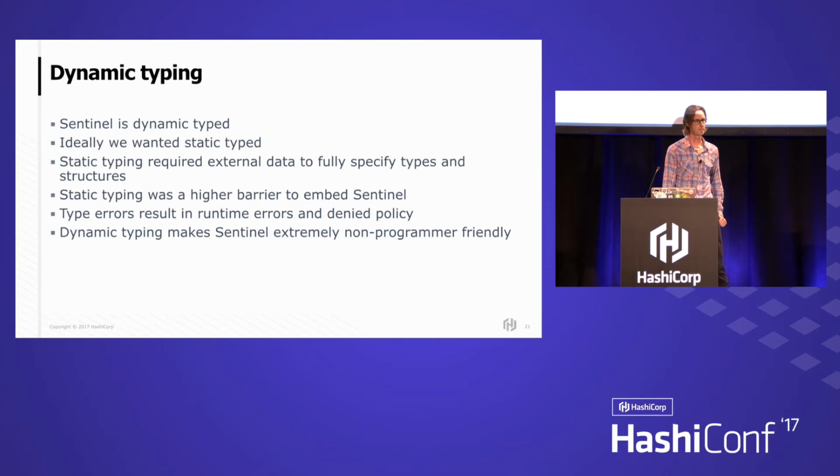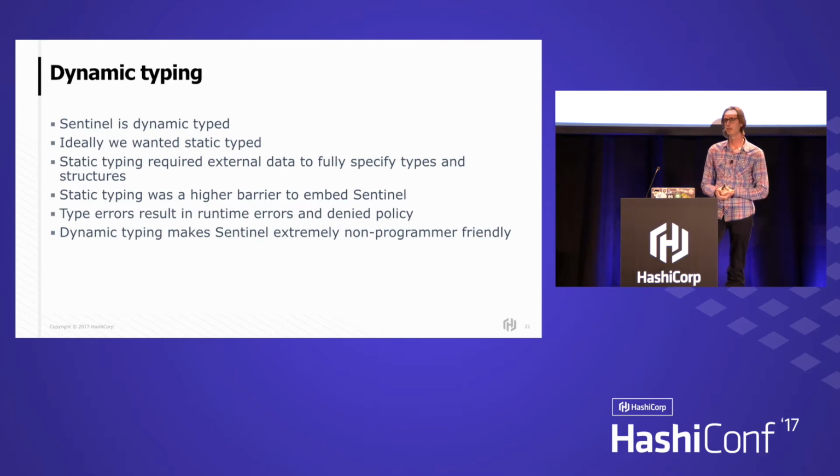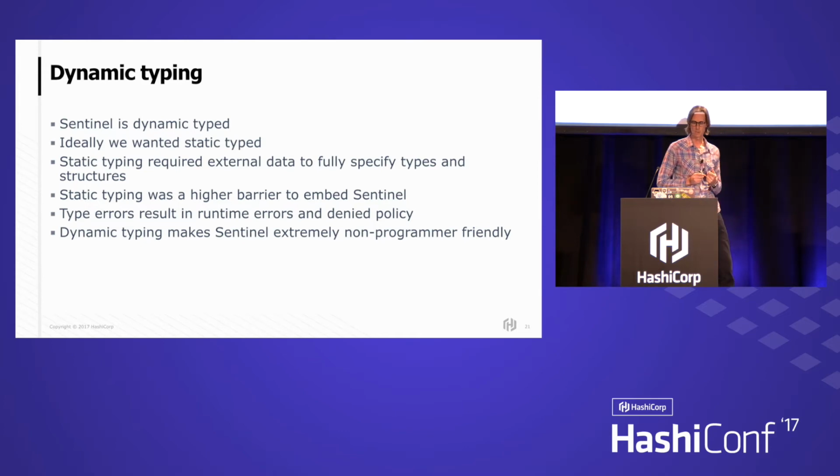And dynamic typing. So Sentinel's dynamically typed. We kind of wanted to do static typing in Sentinel. That was one of the original things, but unfortunately the major problem with static typing around Sentinel was all of the different types of external data that we use.